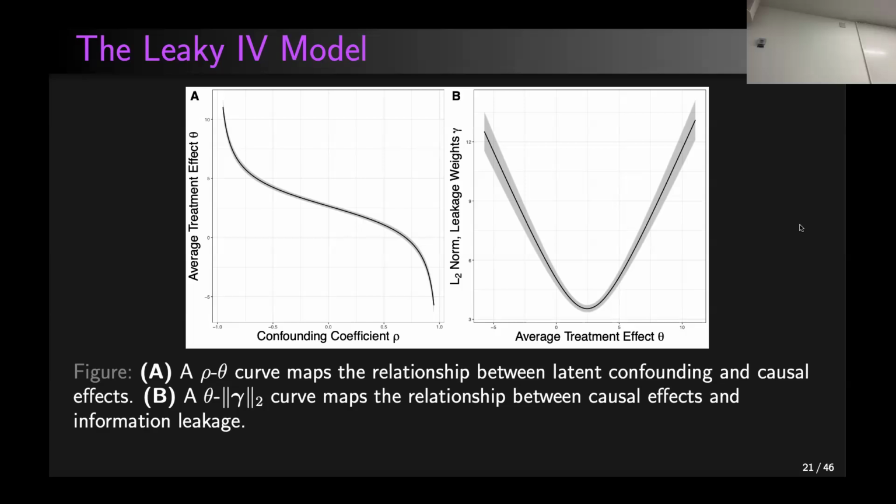And then here is maybe a more familiar looking thing. I'm plugging in the L2 norm. Like I said, you could plug in different norms. A value of theta is going to give you the corresponding L2 norm. In this case, it's going to look quadratic like this. So immediately, maybe this gives you a sense for how the bounding works. Imagine we're saying, I'm not going to allow arbitrary values of rho.